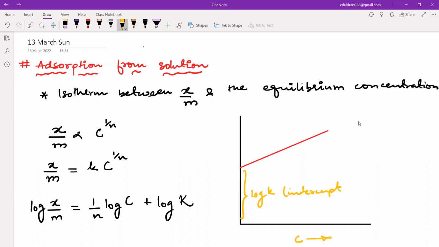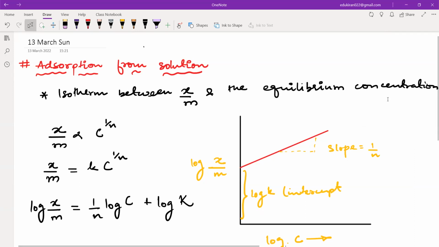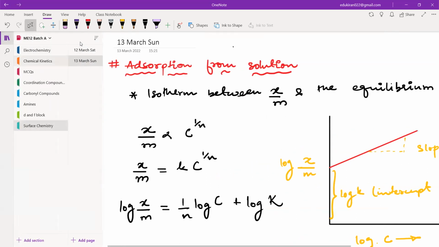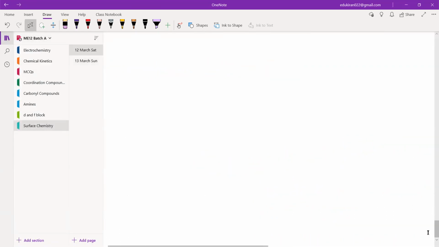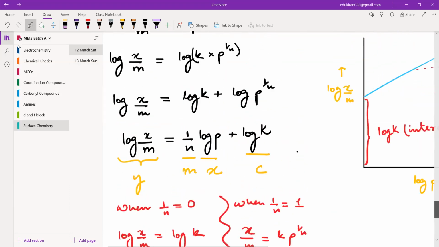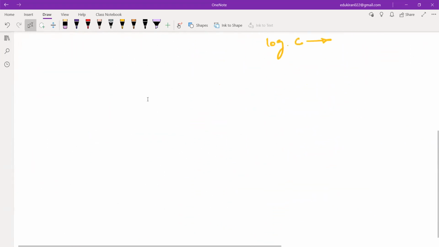This is the concentration, this is the amount of adsorbate on the adsorbent, and the slope here, how much will the slope be? The slope will be 1 by n. Okay, wait a second. This will be log of x upon m, and this will be log of concentration, not only concentration. So similar to the pressure one, but here we have concentration. We wrote log in this, right? Yeah, log, correct. Okay, fine.